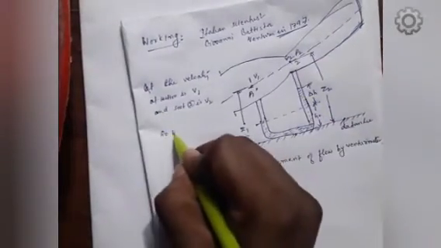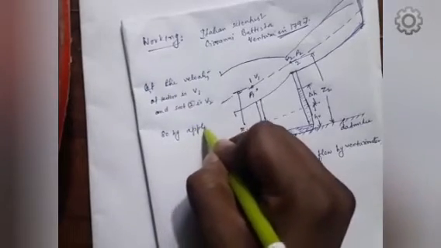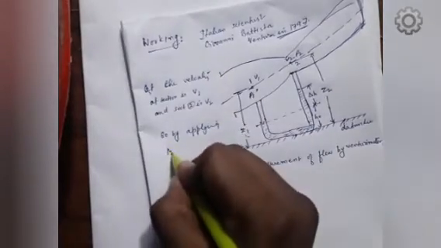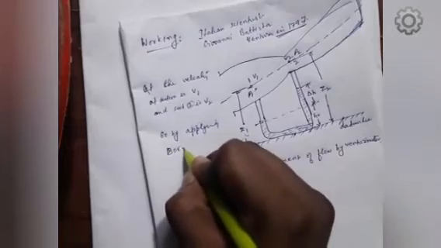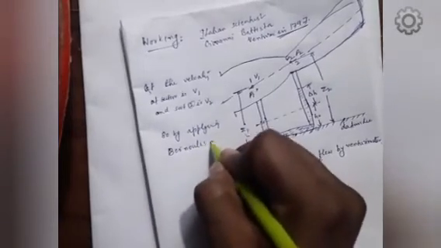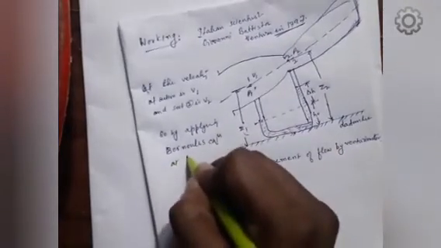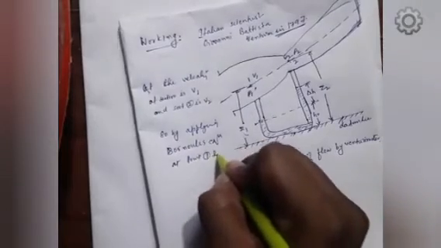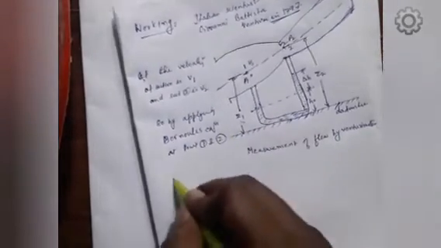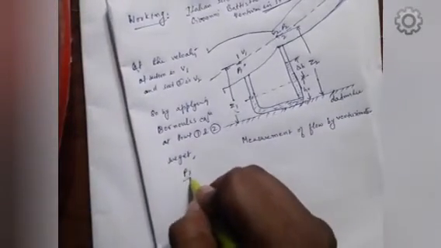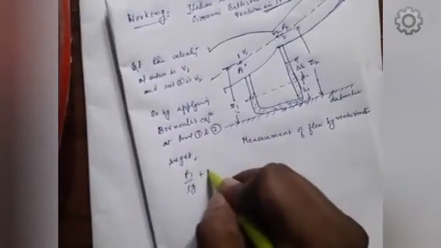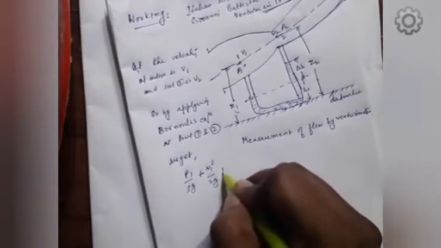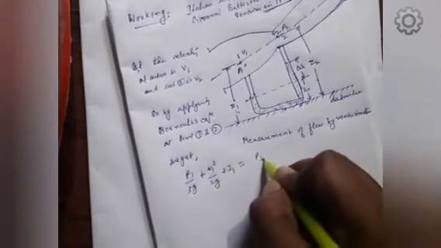So, by applying Bernoulli's equation at points 1 and 2, we get P1 by rho g plus V1 square by 2g plus Z1 is equal to P2 by rho g plus V2 square by 2g plus Z2.